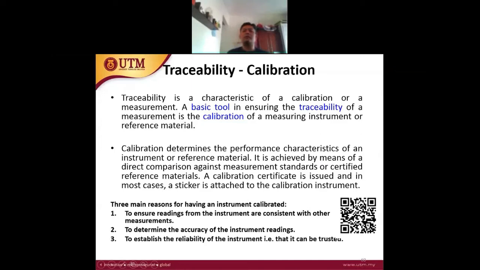Reliability is especially important in health, or in the hospital, where it is important to have equipment that can measure, for example, blood pressure properly, and measure heart ECG signals properly.